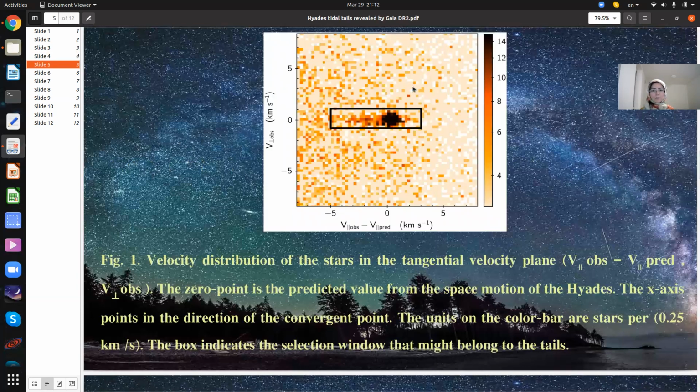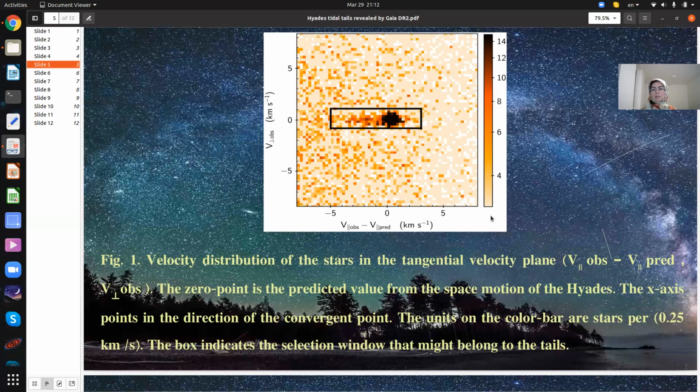In figure 1, you can see the velocity distribution of stars in the tangential velocity plane, V parallel observation minus V parallel prediction, and V perpendicular observation. The zero point here is the predicted value from the space motion of the Hyades. The x-axis points in the direction of the convergent point.